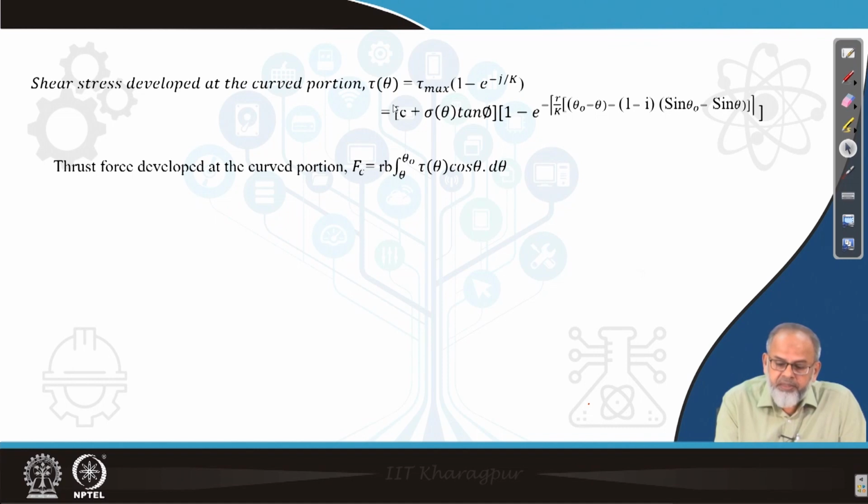So tau theta is equal to tau max into 1 minus e to the power minus j upon k. Now I replace tau max, taking this for loose sand or saturated clay, by C plus sigma tan phi, with sigma taken as sigma theta, because we have to know the pressure distribution, whether it is constant or varying. So all those factors will come into picture.